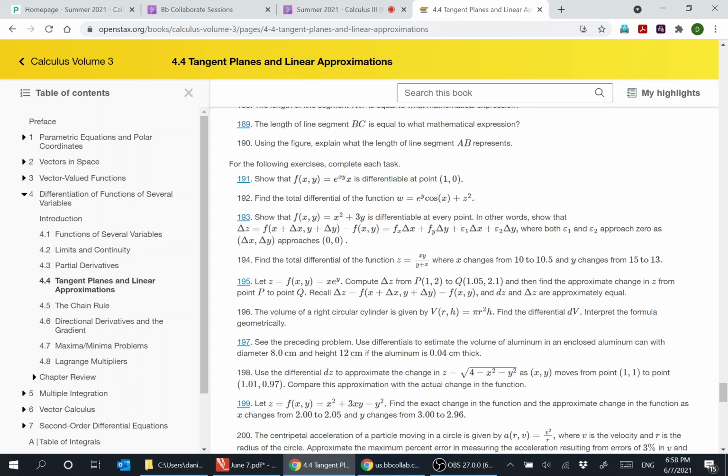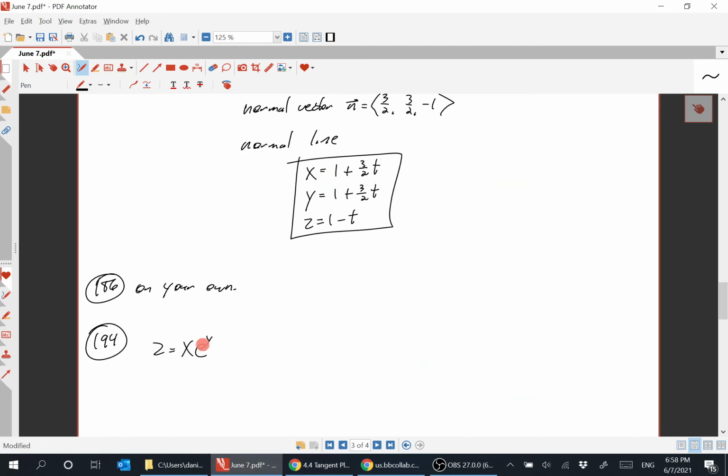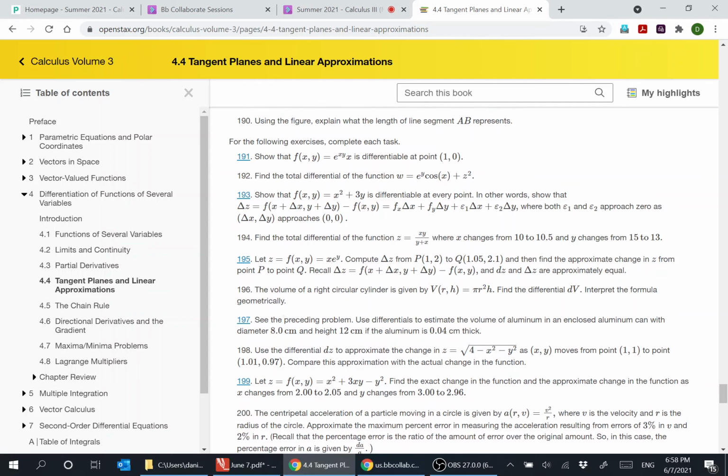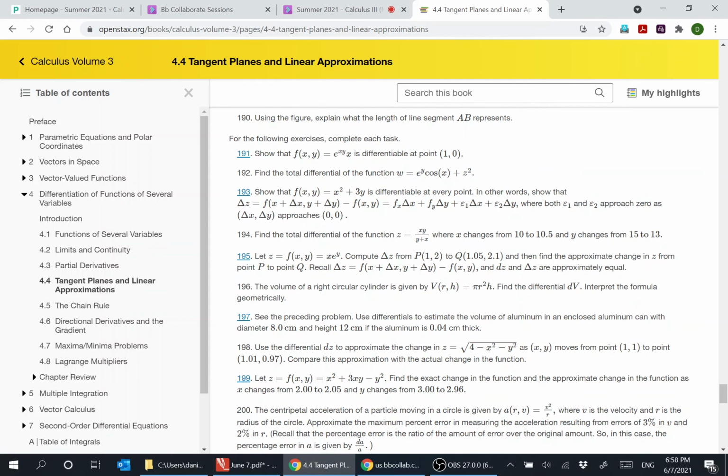Find the total differential function for z equals xy over x plus y, where x changes from 10 to 10.5 and y changes from 15 to 13.